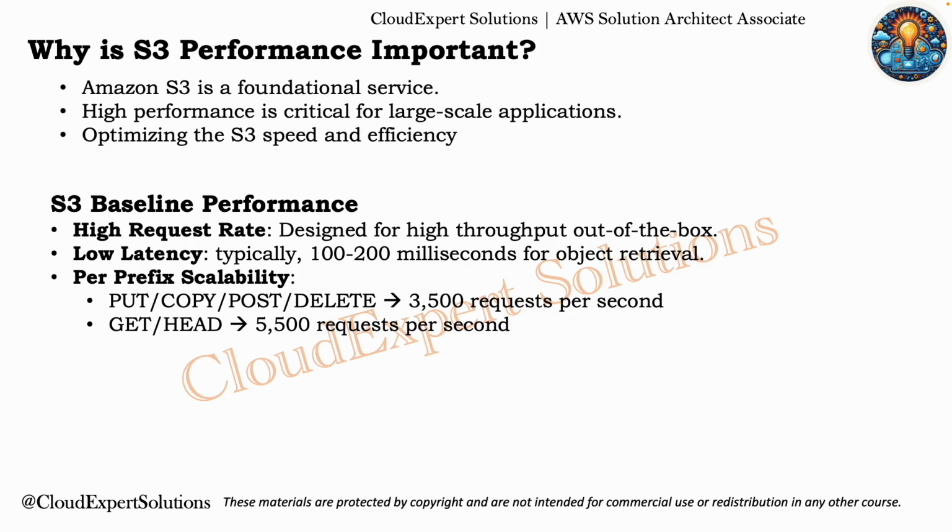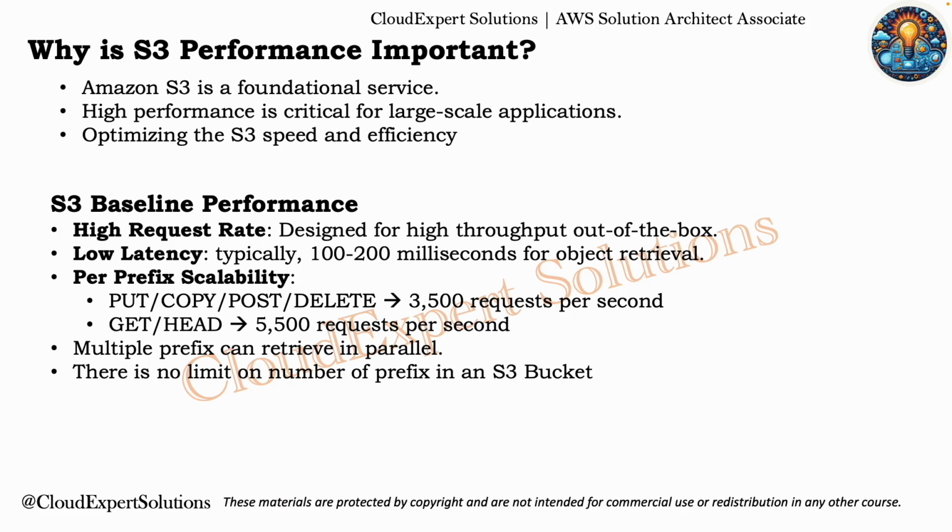We have already reviewed prefixes in module 4.0 of this bootcamp series. If you are not familiar with S3 prefixes, please refer to that video. You can retrieve objects from multiple S3 prefixes in parallel, and every prefix will provide the same baseline performance.